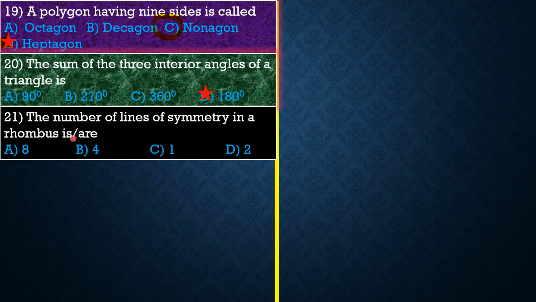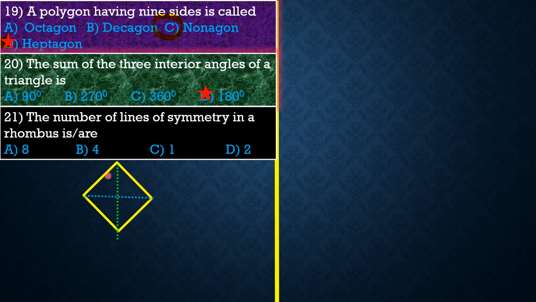Let's see a picture of how a rhombus looks. Let's keep in mind, friends, that there are only 2 lines of symmetry of this rhombus. We have the lines drawn from each of the opposite vertices. One line is drawn from the top vertex to the bottom vertex, and another is drawn from this other vertex to the opposite one.